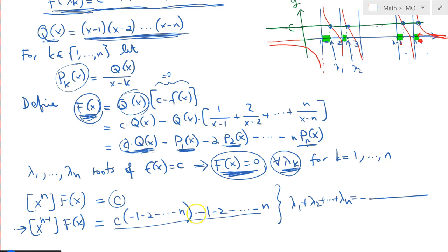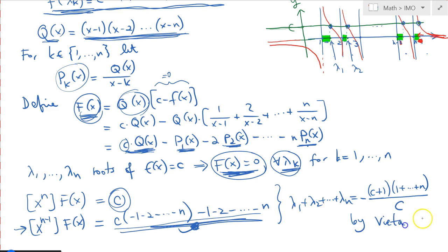So I would have c plus 1 times a bunch of 1 plus all the way to n, all divided by c, and this is the coefficient of x to the n, so by Vieta formulas for the sum of roots.